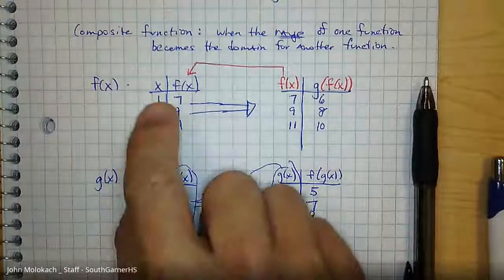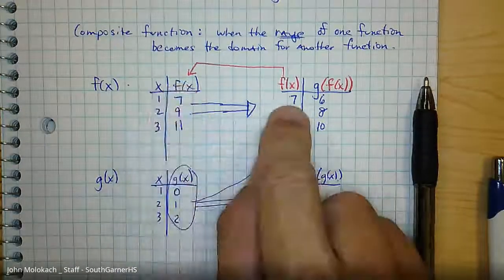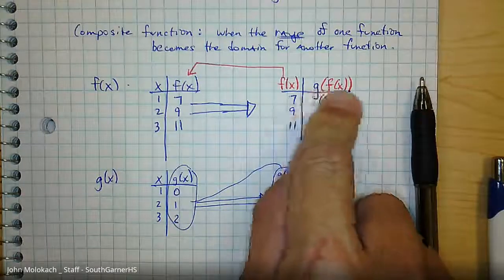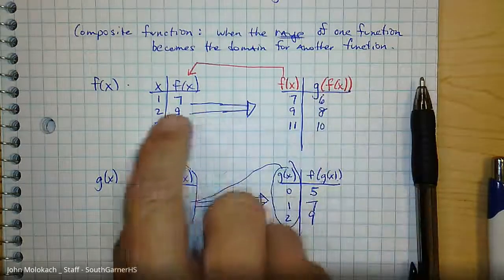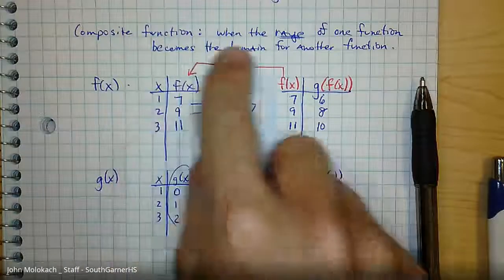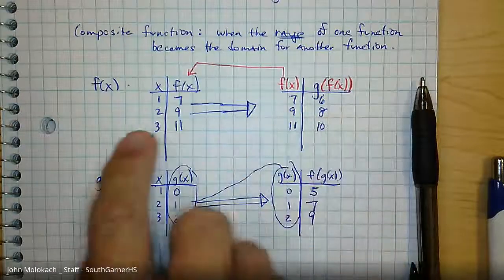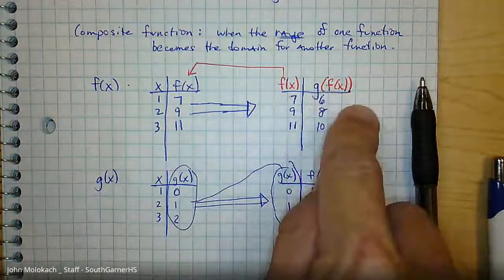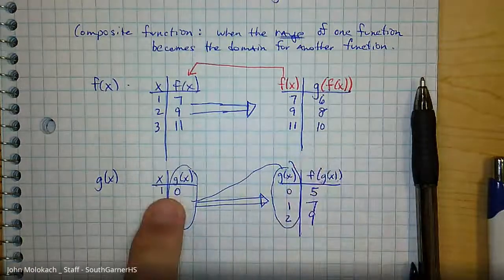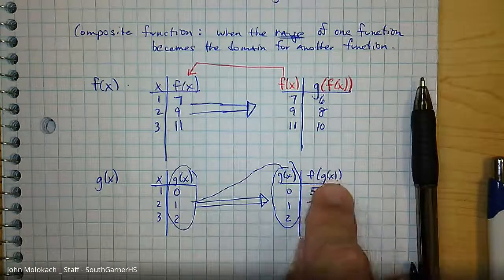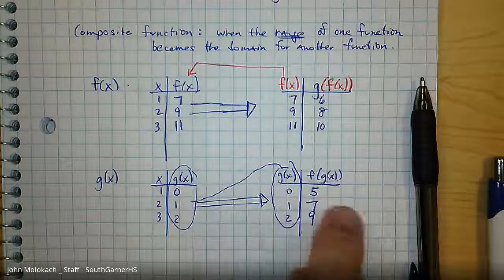When x is 1, we get a final value of 6 for g composed of f. When x is 2, g composed of f is 8. When x is 3, g composed of f is 10. When x is 1, f composed of g is 5, and so on.